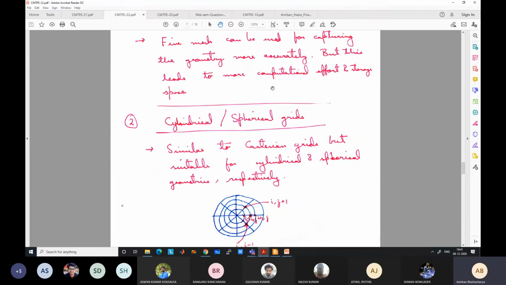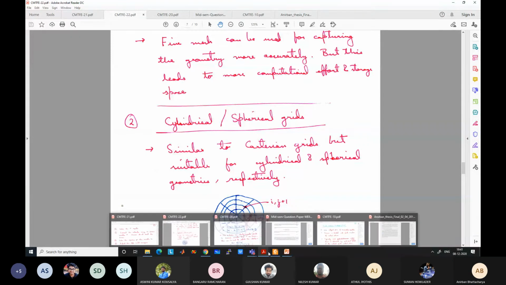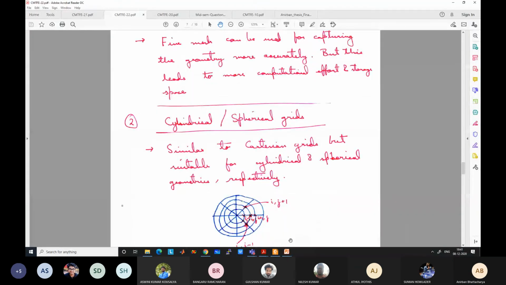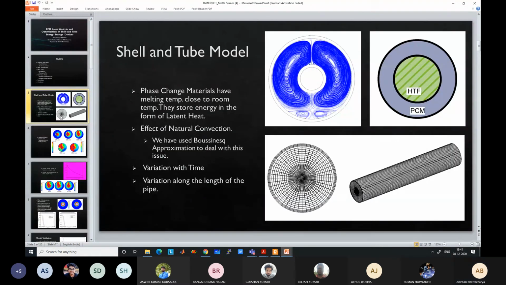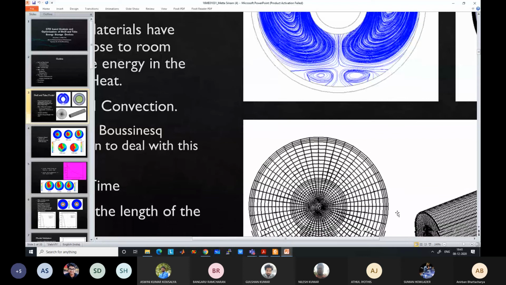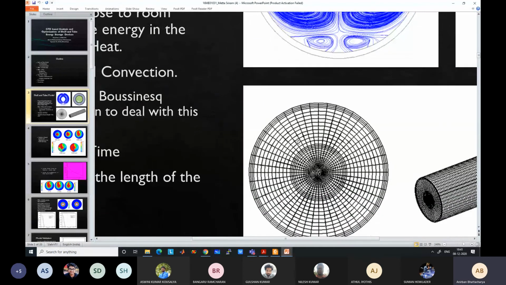Let me see. So if I can zoom it, this is a very nicely structured grid for a cylinder, but internally the student has put some unstructured part by default.